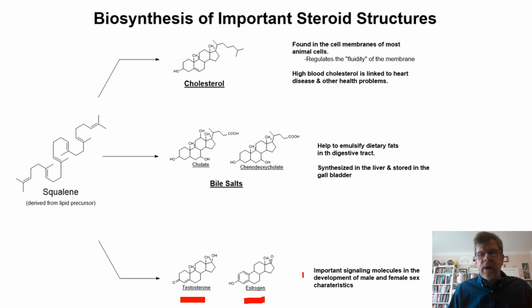Within the development of male and female sex characteristics, they are very important signaling molecules. Interestingly, we hear a lot about both types, testosterone, estrogen, that sort of thing. It is interesting that they are both of steroid type structure. And they both have the function of regulating the development of male and female sex characteristics.